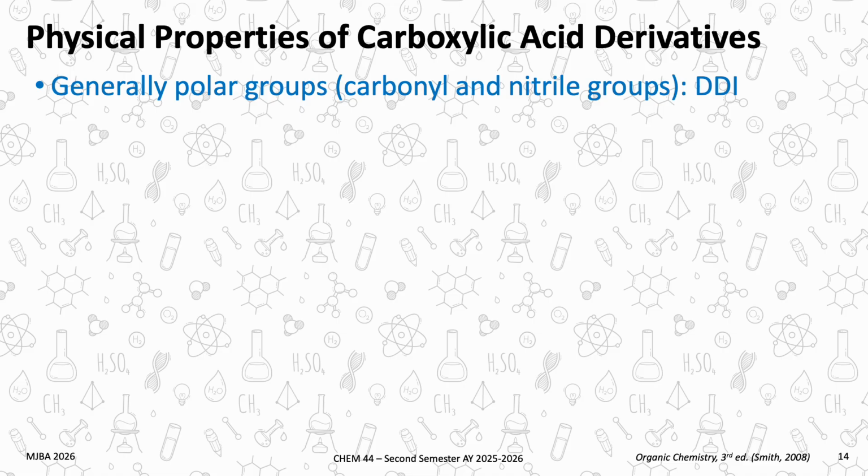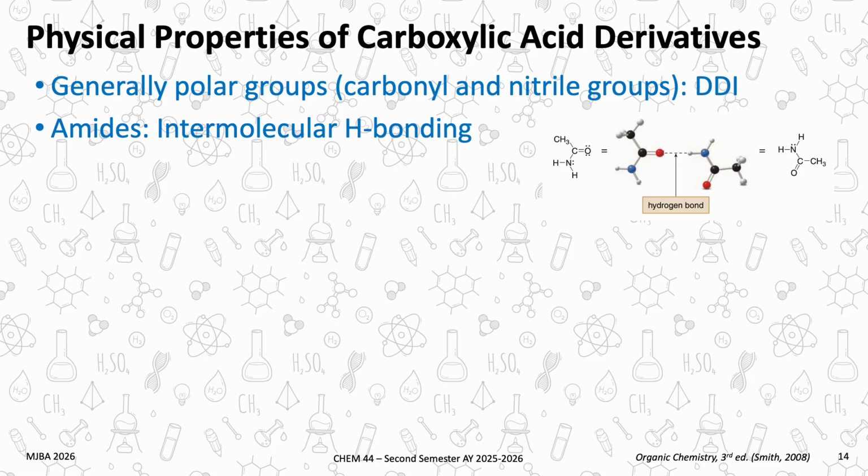So that's polar. In addition, for amide, since it has NH, it can exhibit intermolecular H bonding similar to this. So that's the H bond, wherein the NH is forming an H bond with the CO bond of the other amide group. But this is only possible for the primary and the secondary amides.